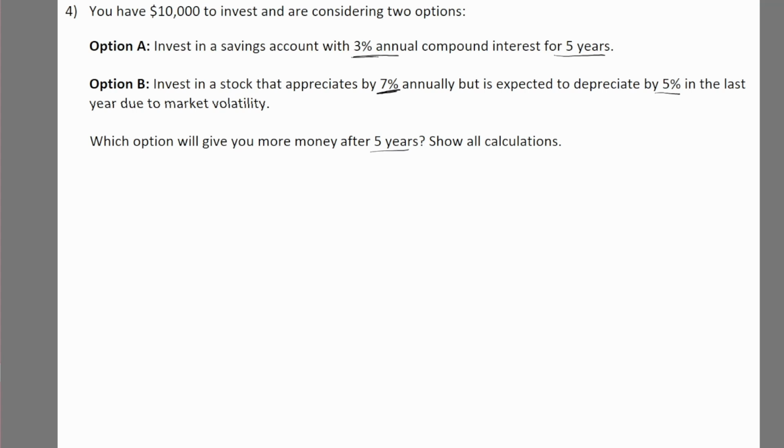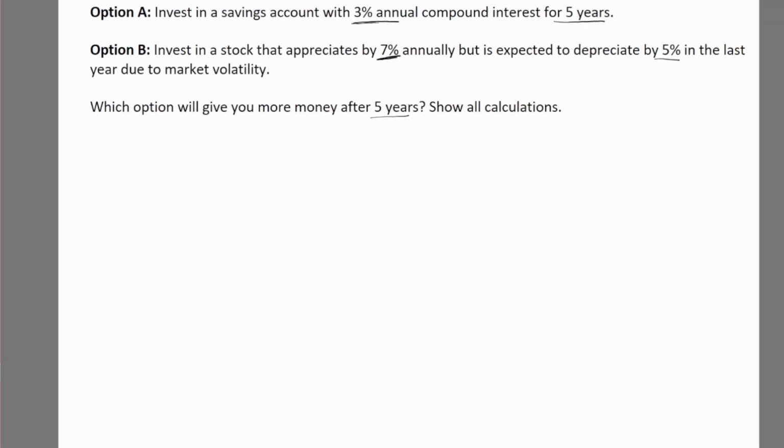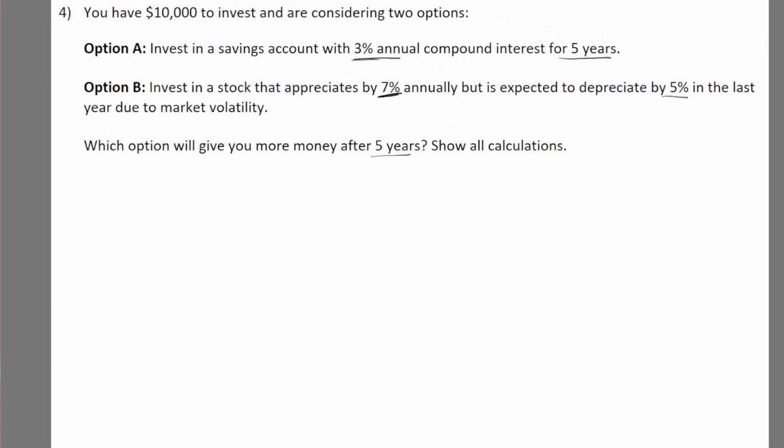The only and best way to solve these scenarios is by calculating how much money you would make in option A and how much money you would make in option B, and choosing what is best for you. So I'm going to go ahead and start solving for the option A scenario.